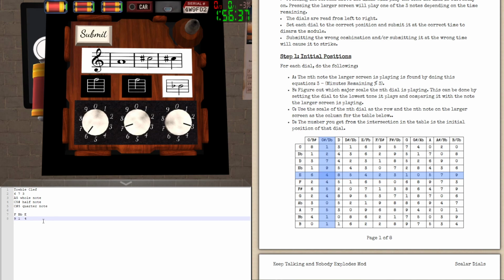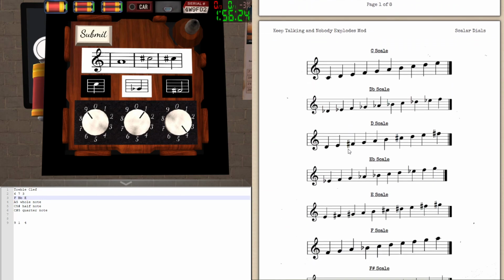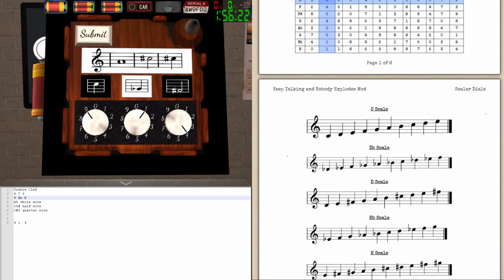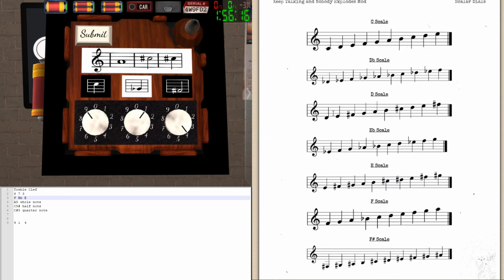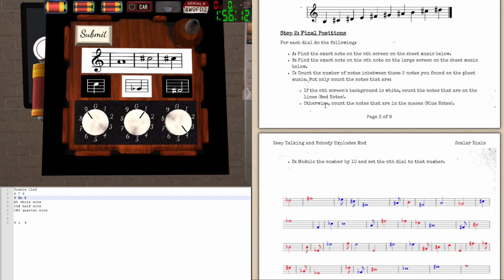Ta-da! So we got our next one: 9, 1, 4. I'm going to copy these and place them right there. And just to make sure, yeah, that is definitely right. I'm just trying to make sure I'm not screwing up right now.